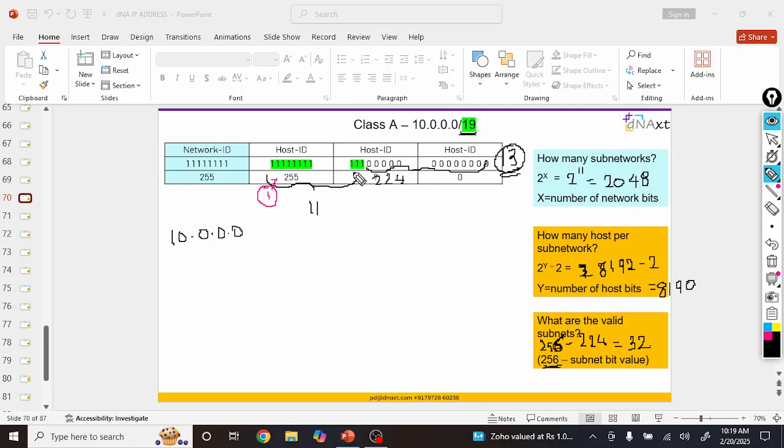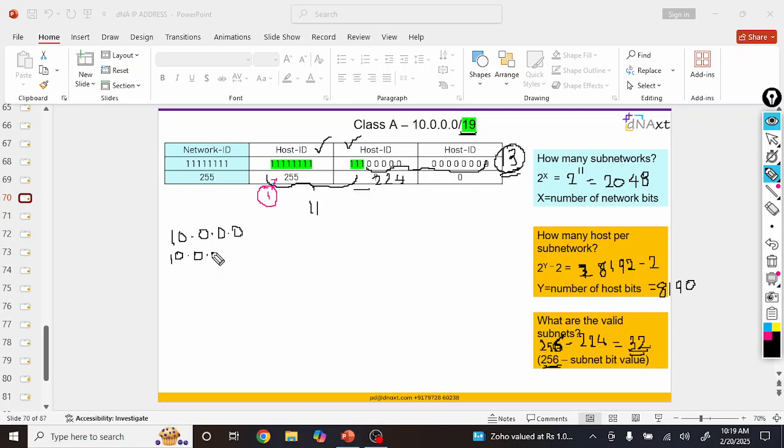10.0.0.0. There will be an increment in both octets, as we have borrowed bits from these two octets. But first we'll do the increment in the third octet, followed by the increment in the second octet. So 10.0, first increment in the third octet, our increment is 32.